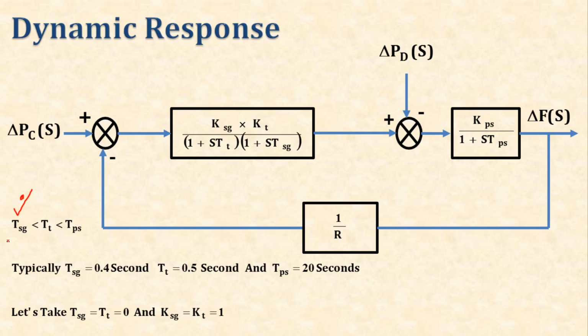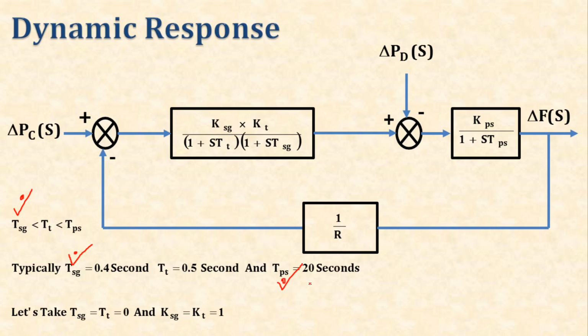The smallest is the time constant of the speed governing mechanism, the second is the turbine time constant, and the highest time constant value is that of the power system. The typical values are TSG approximately equal to 0.4 second, TT approximately equal to 0.5 second, and TPS having the highest value, in the range of 20 seconds.